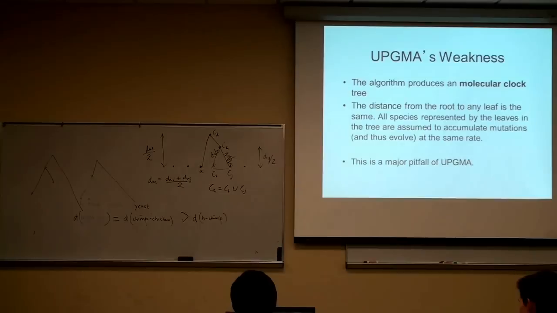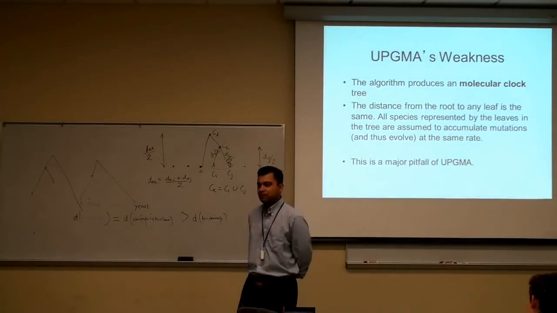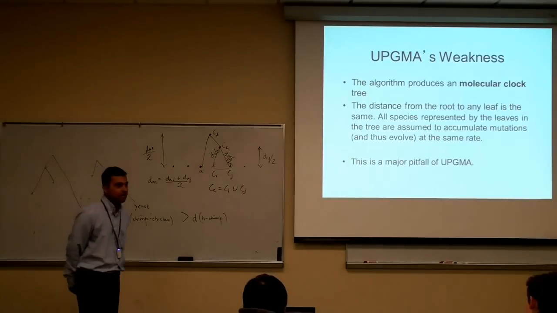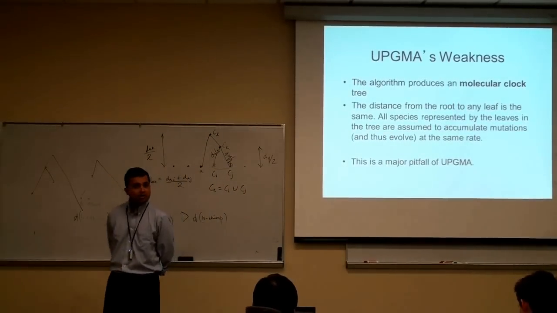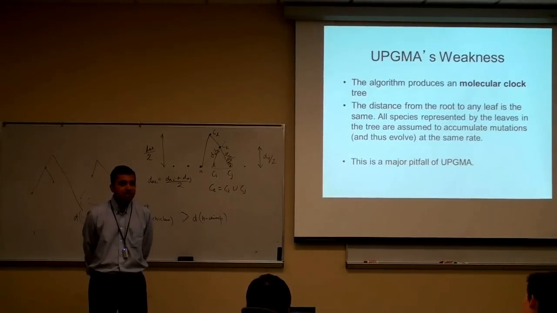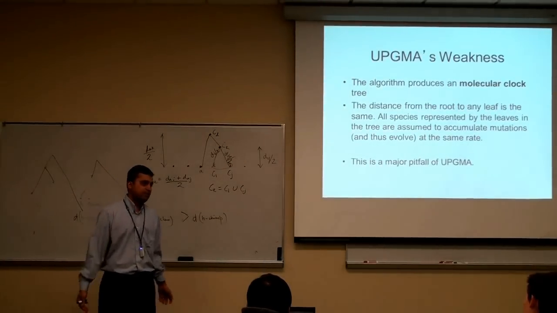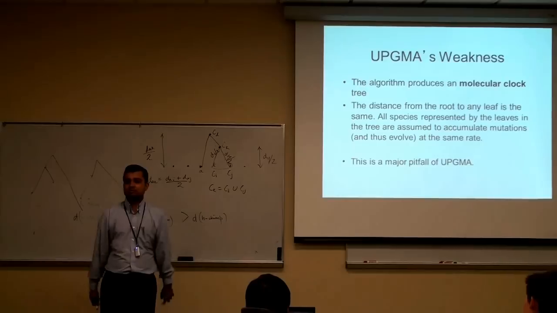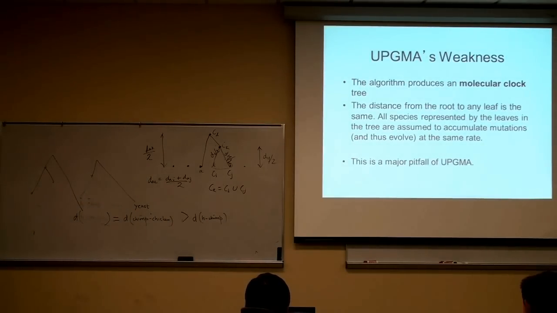And so if the data was taken from a gene related to brain function, and for that gene, the rate of evolution has been faster along the human lineage compared to other species, then the molecular clock is not true for the data. But UPGMA cannot do anything about it. It'll always say human and chimp, like that, same length. Okay? So that's the major pitfall of the method.